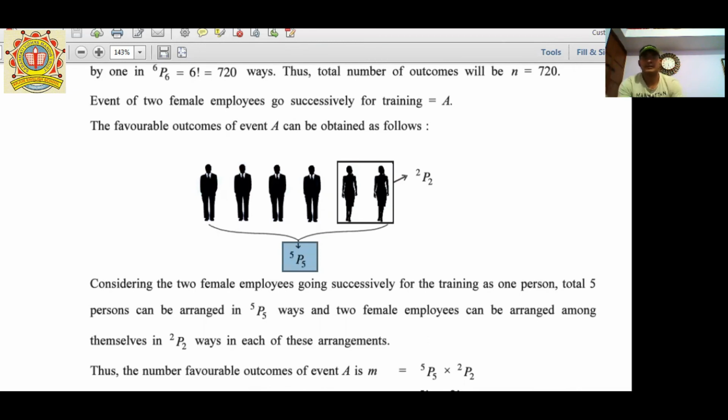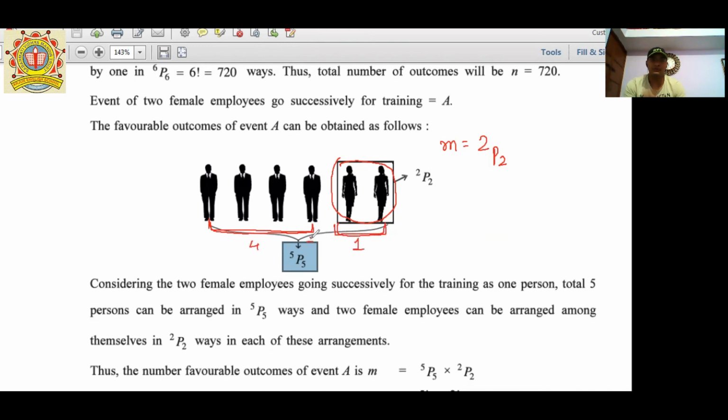Once again, the 2 female employees go for training together, and that's why m is equal to 2P2. And now there are 4 male employees, and the female pair is treated like a group, and this is 1.